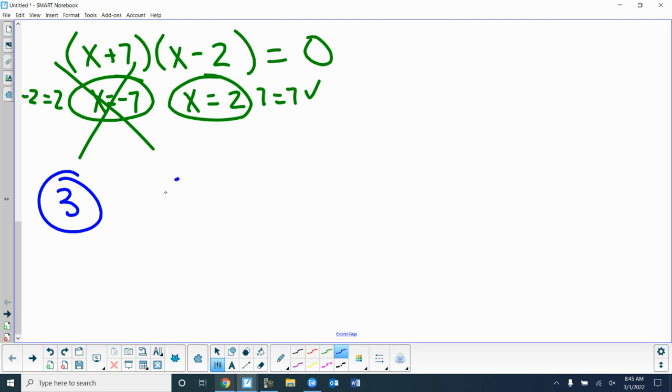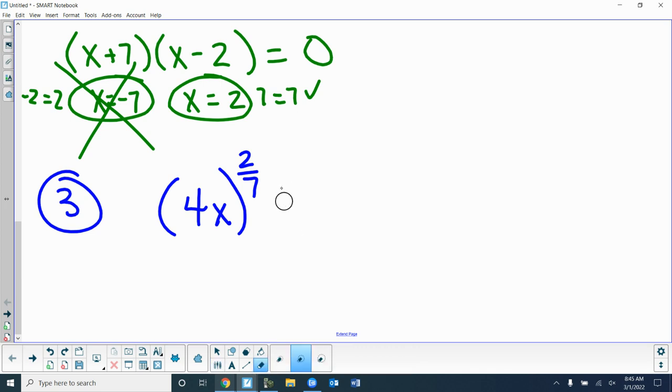Here we got 4x is our base, and it's raised to the 2/7 power. Oops, we got an addition sign there. All right, so when we have this type of problem, we want to get that base raised to that exponent, the fractional or rational exponent, isolated, just like the radicals.